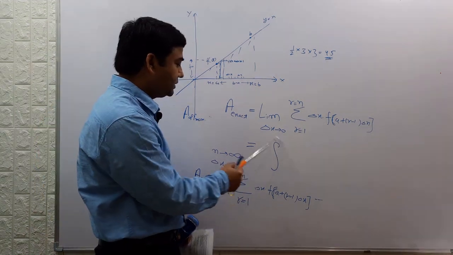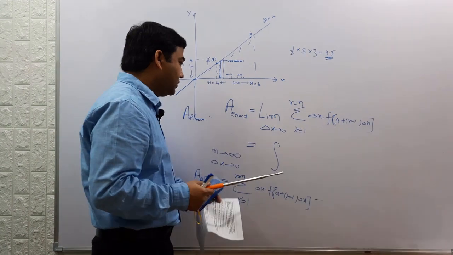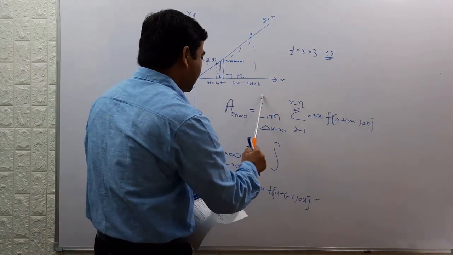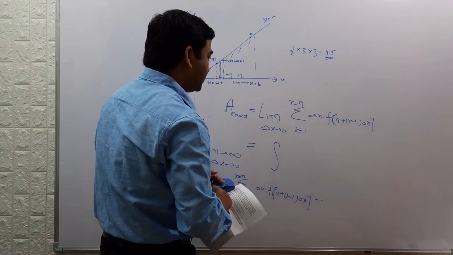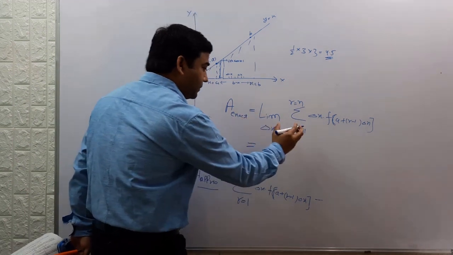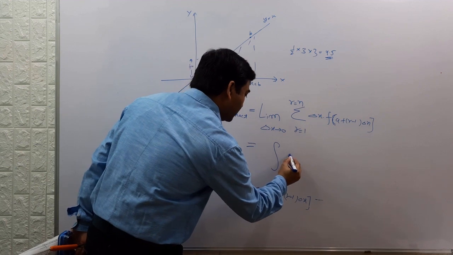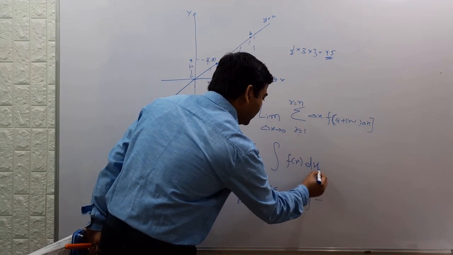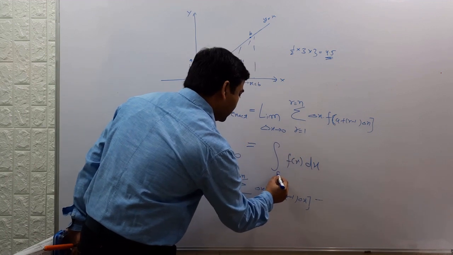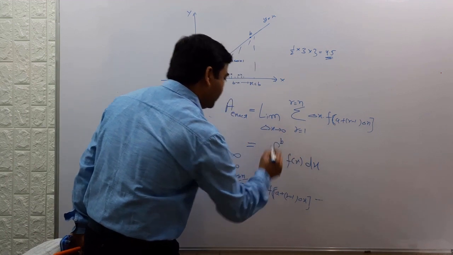So this integration sign was given by Leibniz. So this whole expression, limit delta x tending to 0, this whole sigma expression, is denoted as the integral of f(x) dx from a to b.